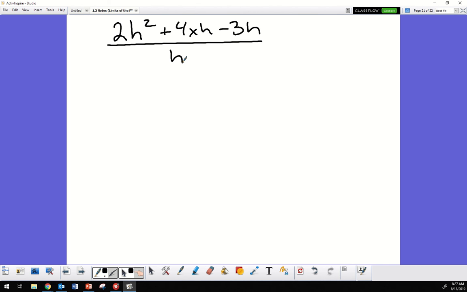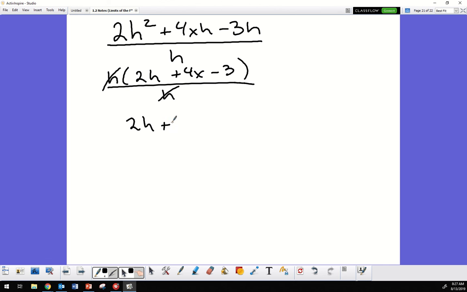So as I factor out the h, I'm going to take one out of there, and then I'm going to cancel it. So h times 2h plus 4x minus 3, all over h. That goes away. So I'm left with 2h plus 4x minus 3. There's my difference quotient.